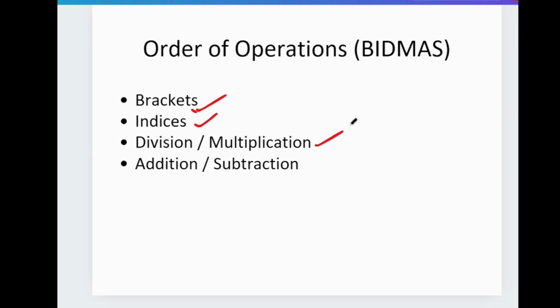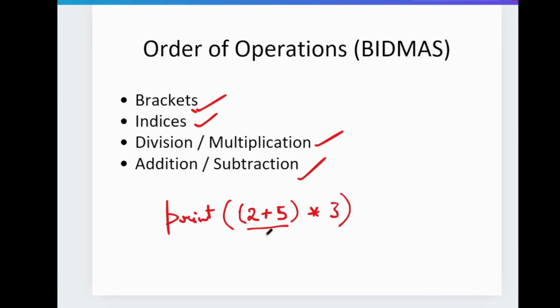Then either division or multiplication, which hold equal priority. Then comes addition and subtraction. Let's say suppose you have to calculate 2 plus 5, times 3. So first this has to be calculated. It will be 7 times 3 as output.